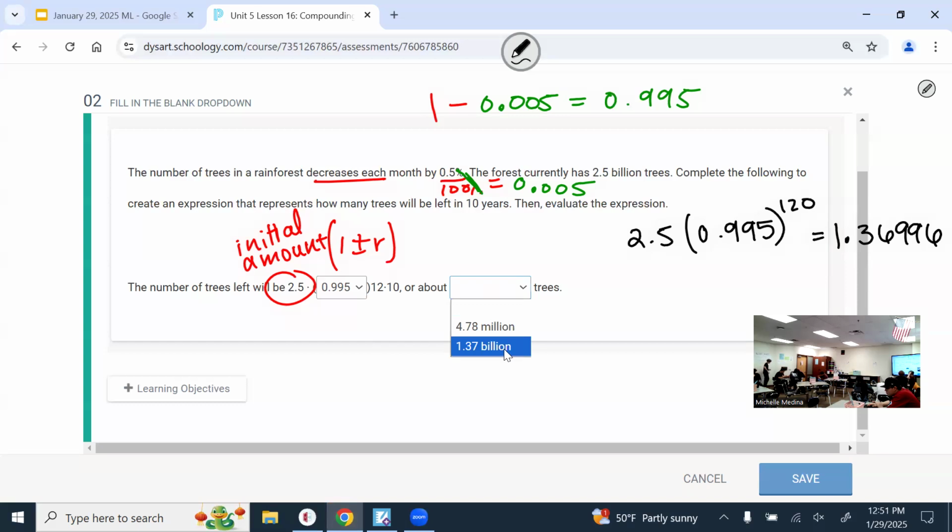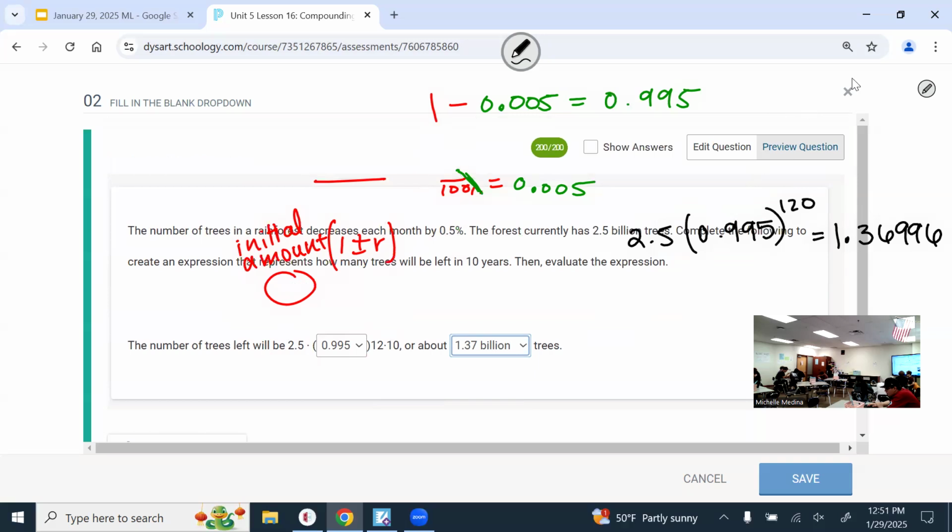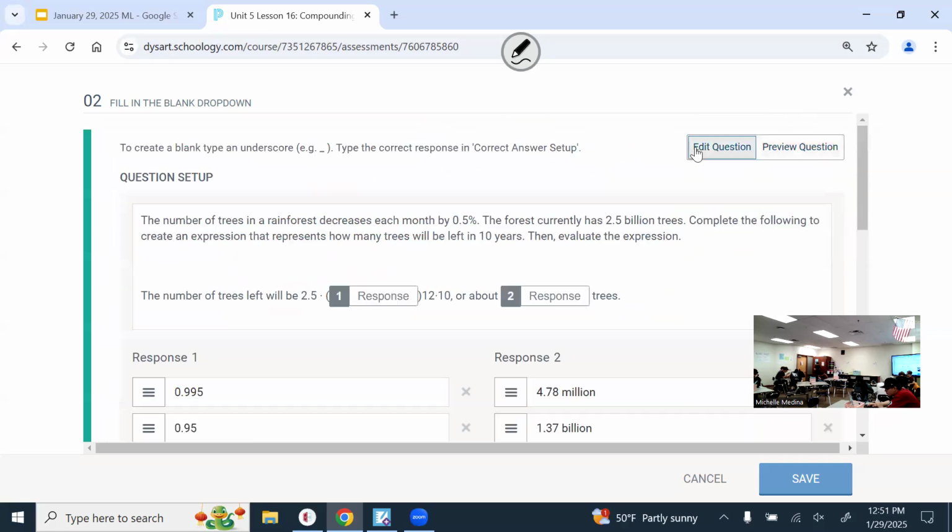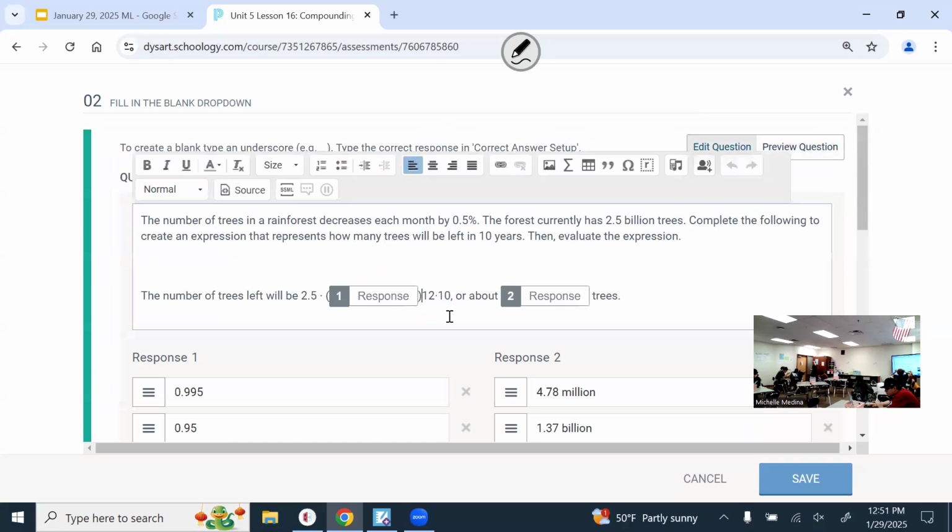So about 1.37 billion. So yeah, questions on that? I will edit this to make it clear that that's supposed to be an exponent, because it's weird that it's not clear about that. And that comes from 12 months for every year, and there's 10 years.